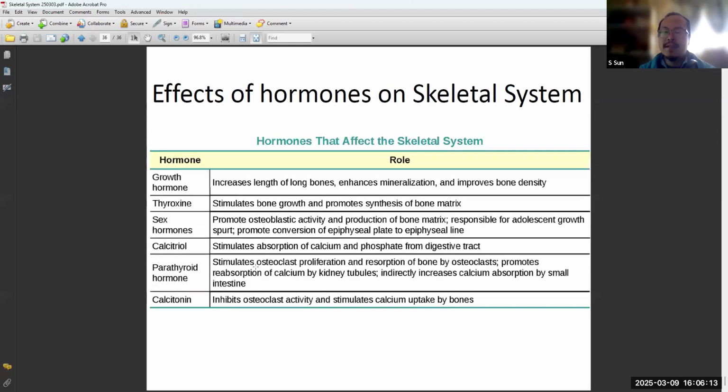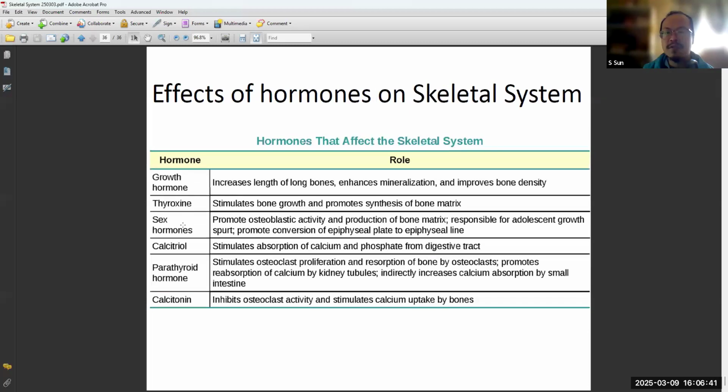Our body also produces different kinds of hormones that regulate bone development. Several things you need to know are these. Growth hormone is produced to stimulate bone growing. Thyroxine is a thyroid hormone. This one also stimulates bone growing. Sex hormones are also related to the growth hormone.